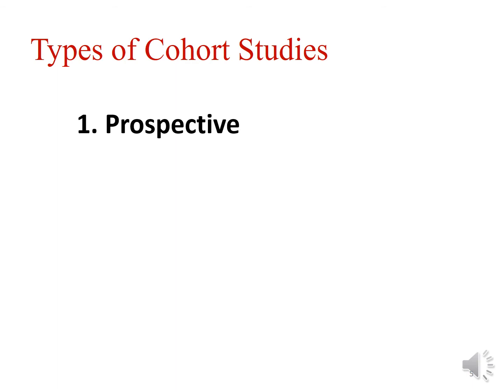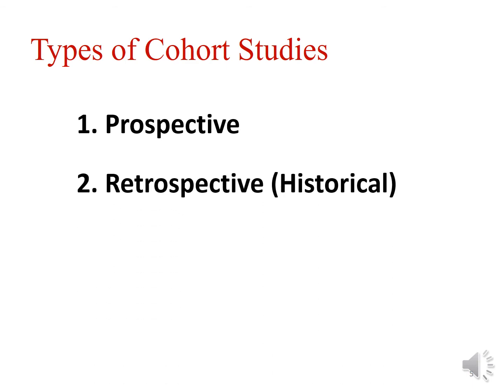Most prospective studies begin in present and continue into the future. Second type of study is retrospective or historical study. In this design, researcher goes back in time and identify study subjects from past records.